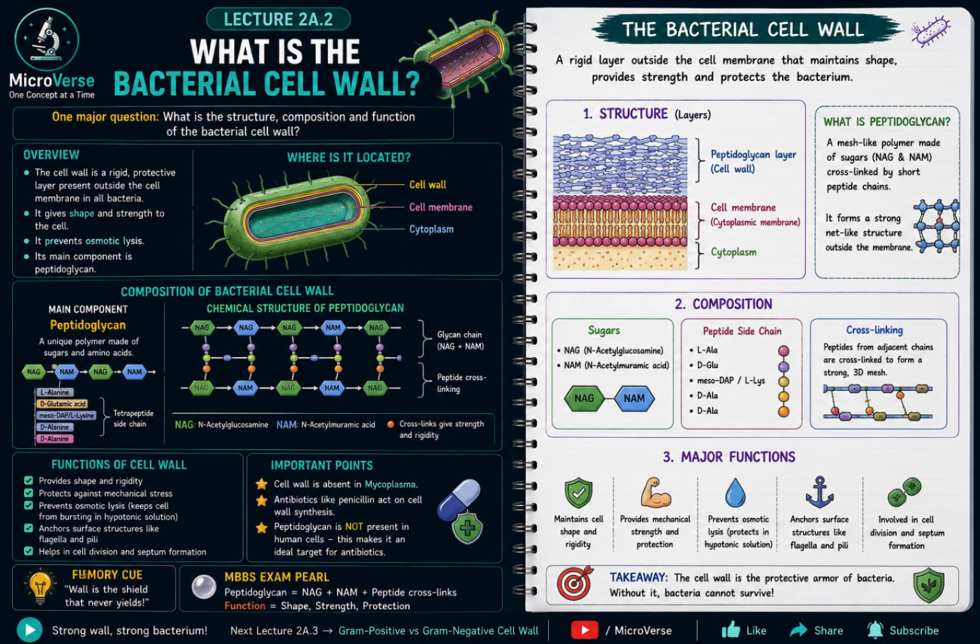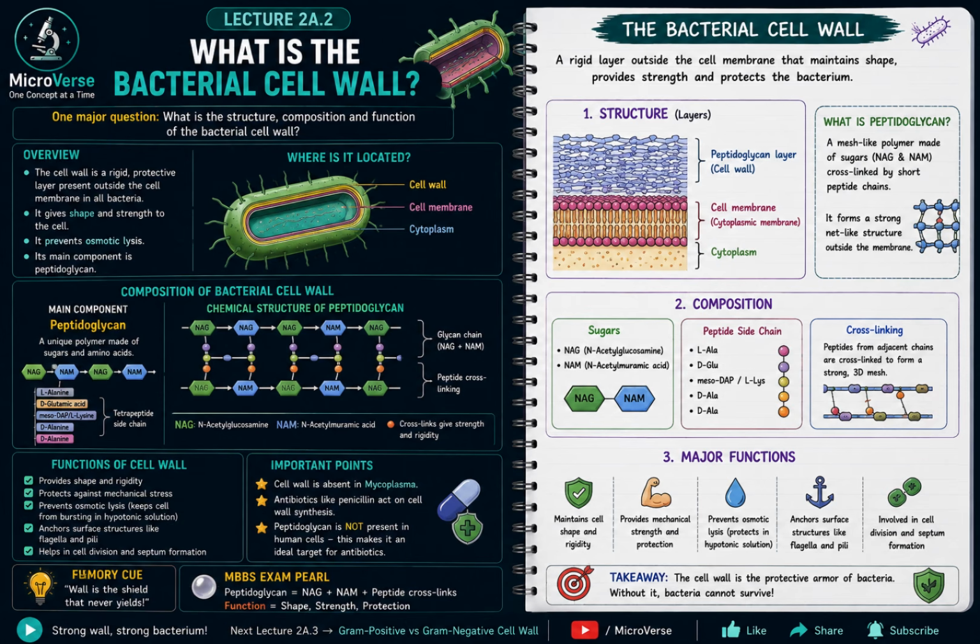Mycoplasma does not possess a conventional bacterial cell wall. Therefore, antibiotics that specifically target peptidoglycan synthesis are ineffective against mycoplasma. This is a very useful clinical correlation. Then if I ask what is the major structural component of the bacterial cell wall, the answer is peptidoglycan. Then what is the function of peptidoglycan?